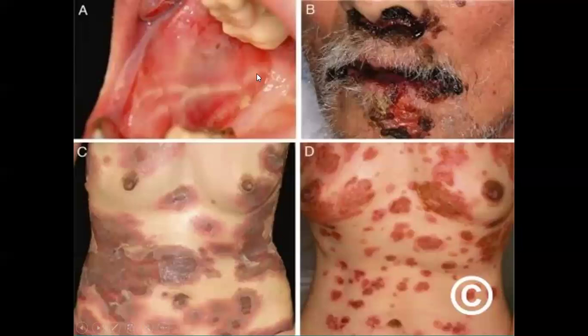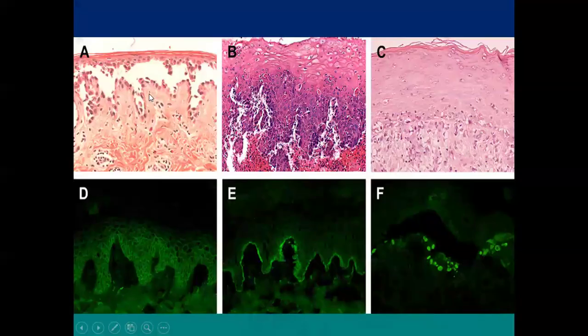You would see lots of erosions, crusts, flaccid blisters, pustules, and oral involvement. Here the picture is much like pemphigus vulgaris, with immunofluorescence showing a fishnet pattern. In addition, there will be a linear deposition of IgG or IgM as well, with epidermal necrosis, an appearance very similar to toxic epidermal necrolysis.